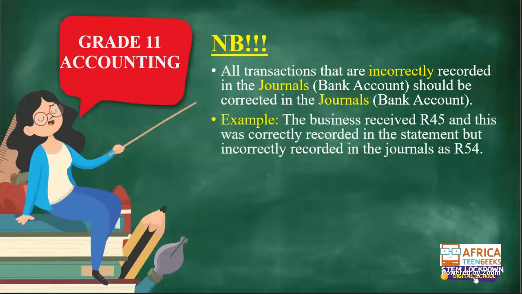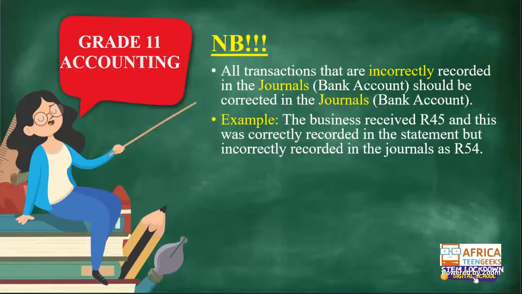Example, the business received 45 rands. If we received the money, we'll record it on the CRJ, then from the CRJ to the debit side of the bank account. And this was correctly recorded in the statement, but incorrectly recorded in the journals as 54 rand.